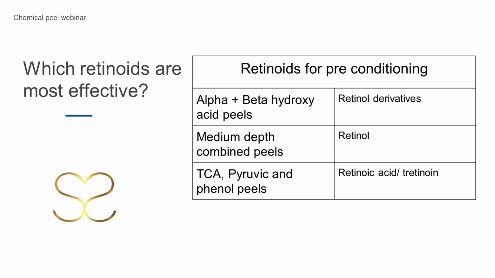It also enhances keratinization significantly faster, which will improve the epithelialization of the skin following the procedure. If you are performing a TCA, pyruvic, or phenol peel, you should consider using retinoic acid or tretinoin to precondition the patient before they have the procedure done.